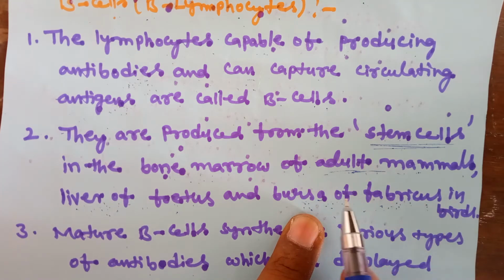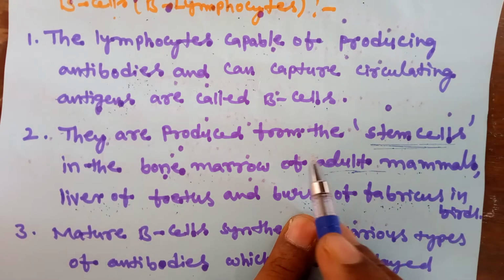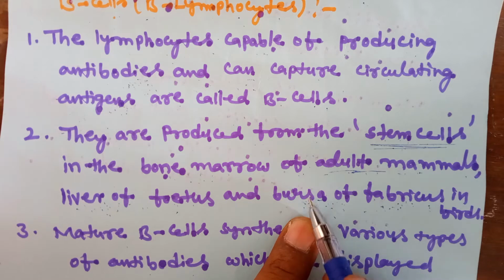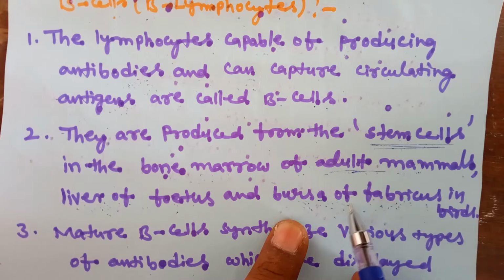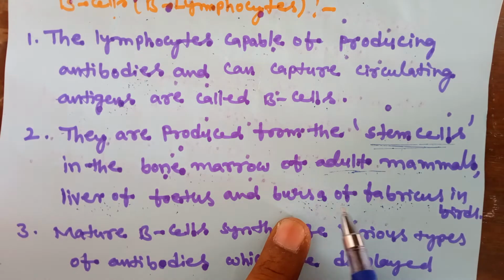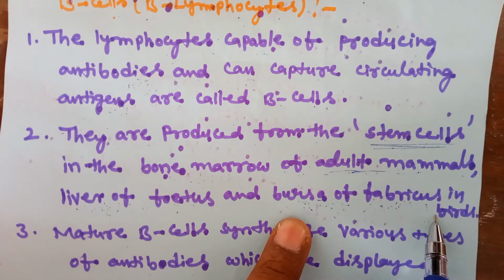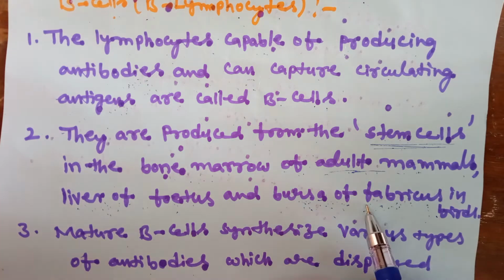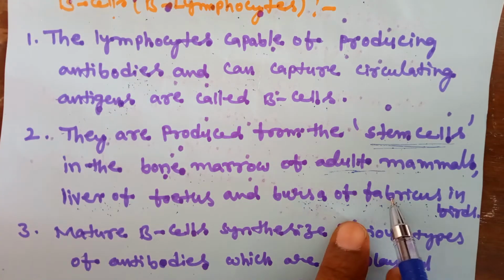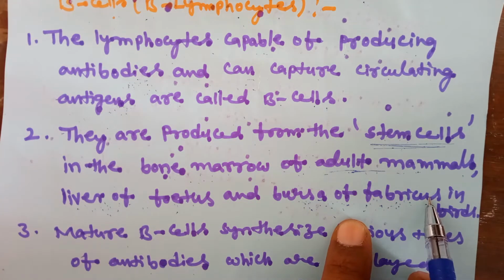Instead of bone marrow, a lymphoid organ called the bursa of Fabricius is present at the end of the alimentary canal, near the cloaca. The bursa of Fabricius produces the antibodies in birds.